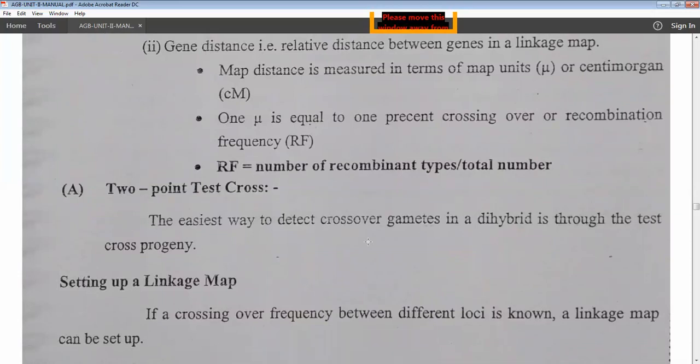Okay, if the characters are three, then it is the 3-point test cross. The 3-point test cross is used to determine the loci of three genes in an organism.